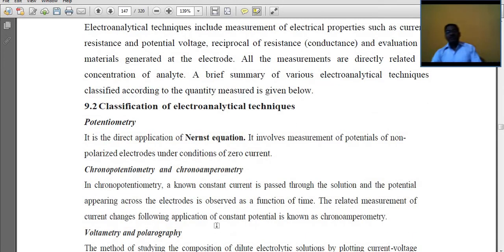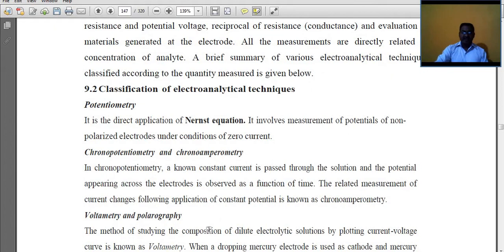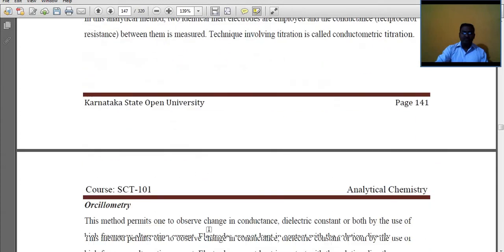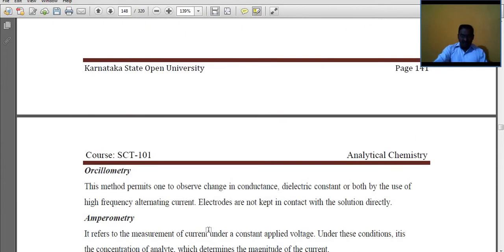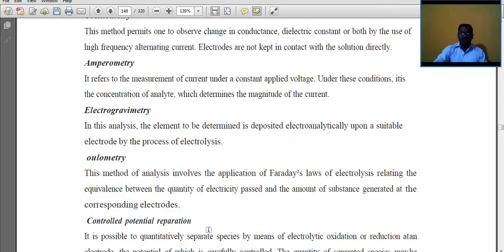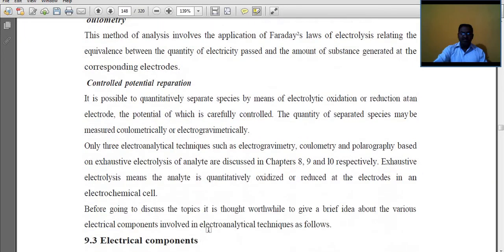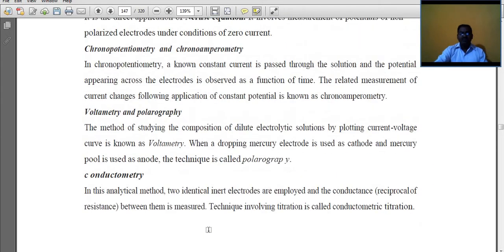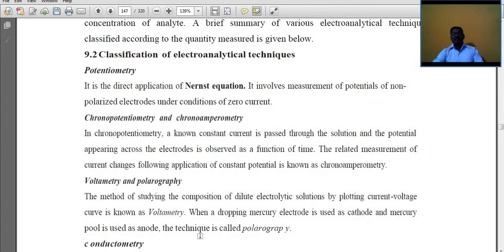The electroanalytical techniques are classified as potentiometry and chronopotentiometry, voltammetry and polarography, conductometry, oscillometry, amperometry, electrogravimetry, coulometry, and controlled potential separation. These are all the different classifications of electroanalytical techniques.